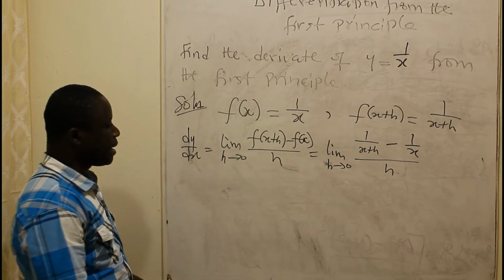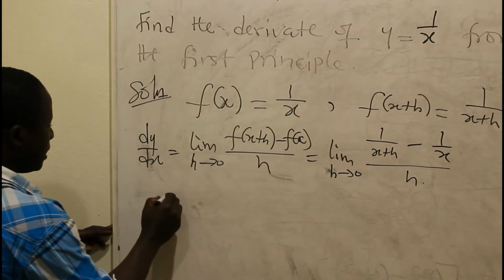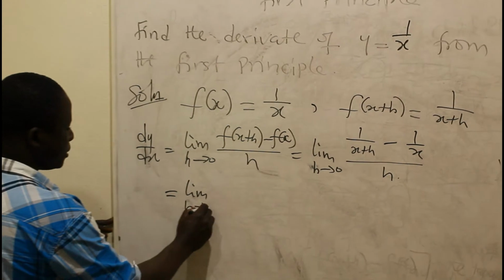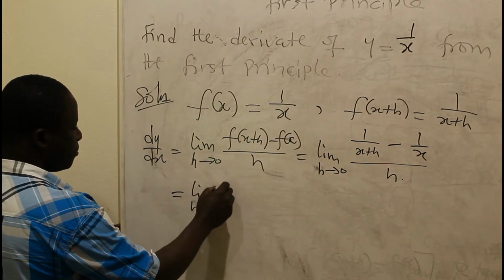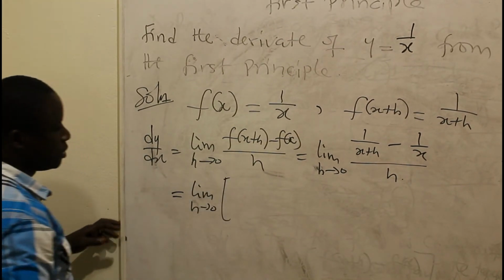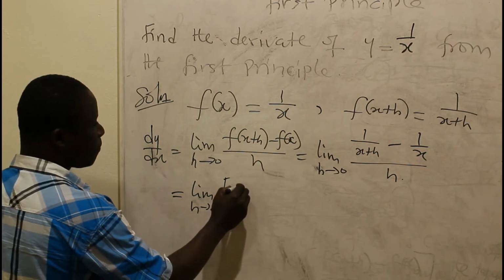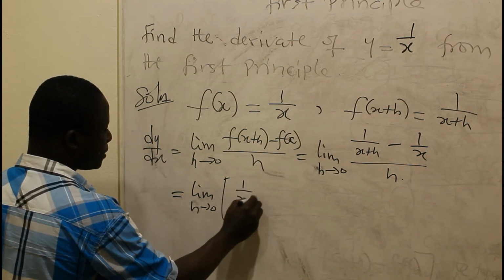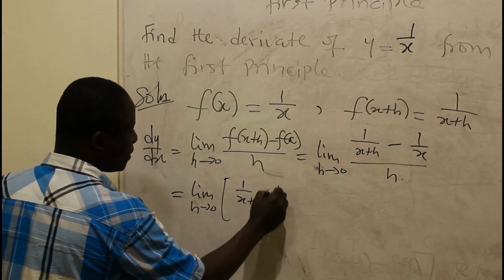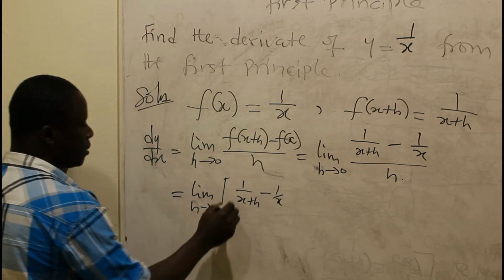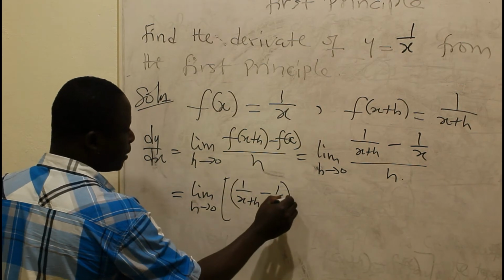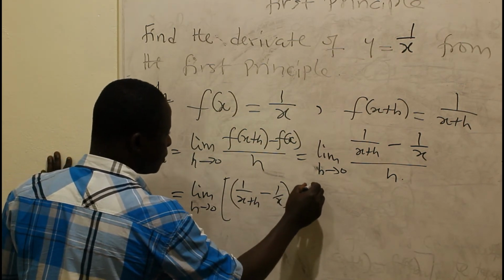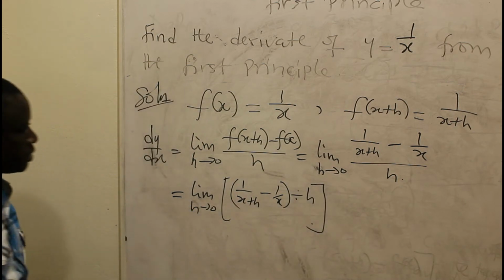So to simplify this, better still, let me put it this way. We have limit as h approaches 0 of 1 on x plus h minus 1 over x, all divided by h. That is the whole scenario.